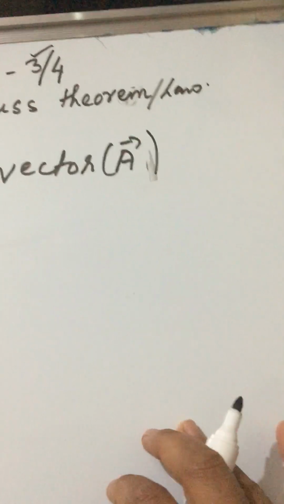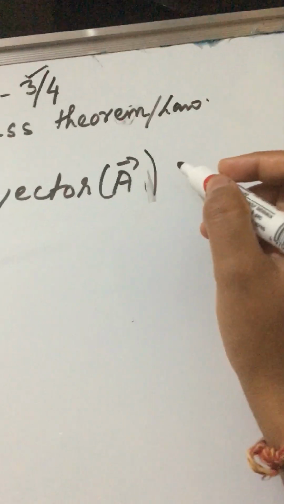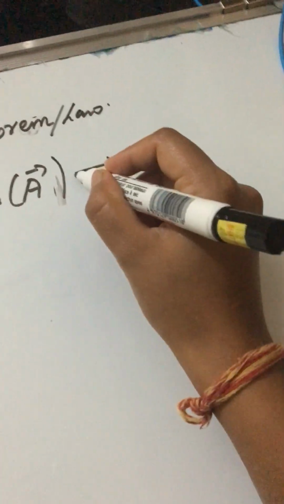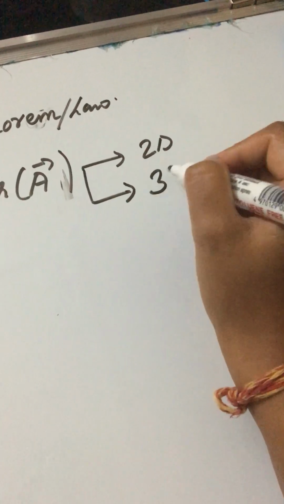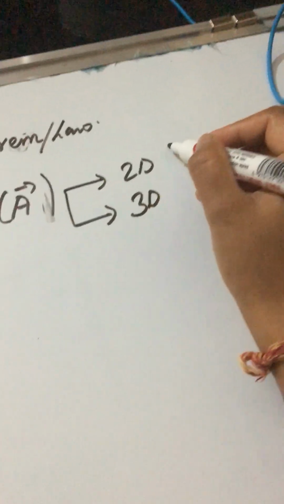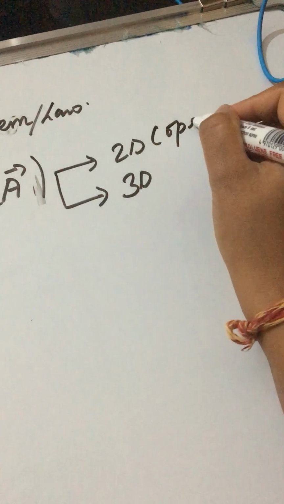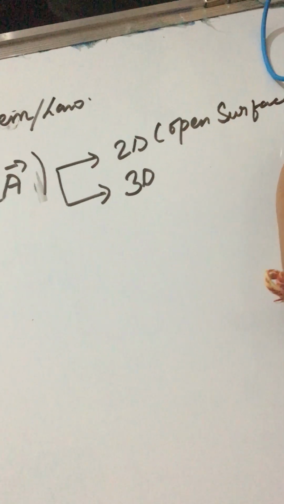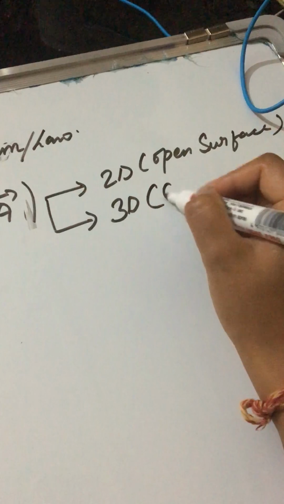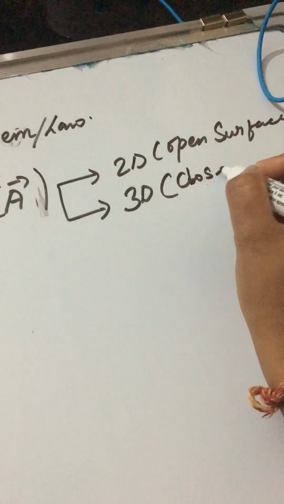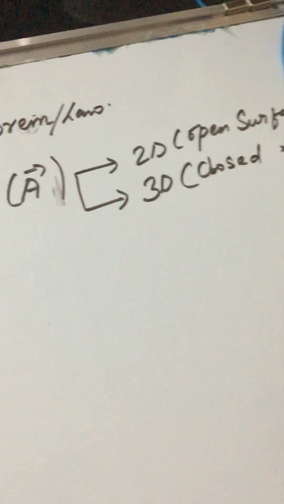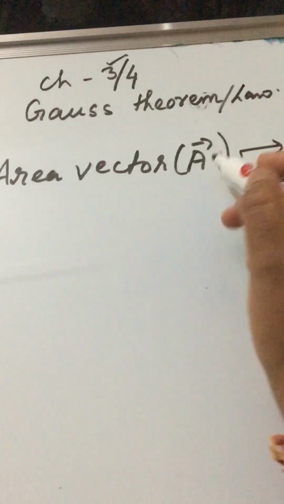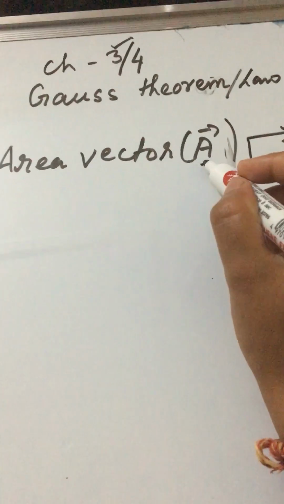Area can be two-dimensional or three-dimensional. 2D we call an open surface, and three-dimensional are closed surfaces. We are going to discuss them individually. Now, what is the area vector, and as it is a vector, what should be its direction?